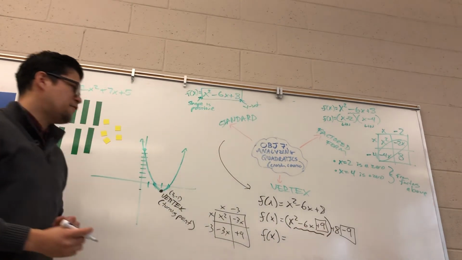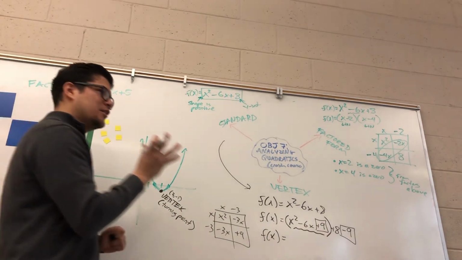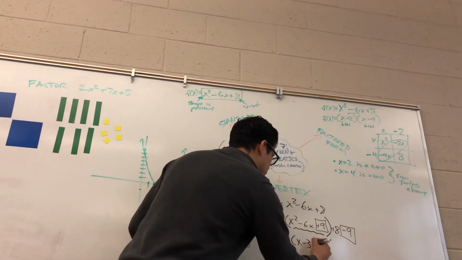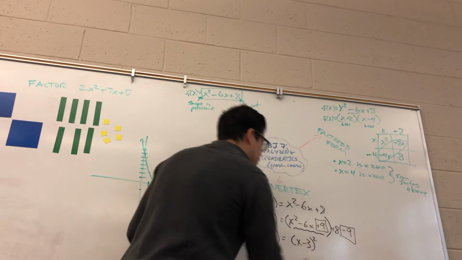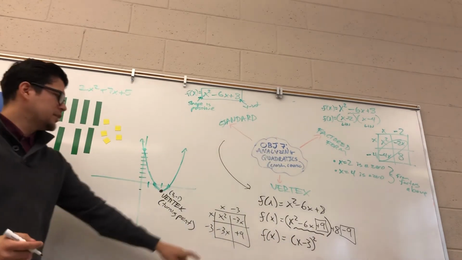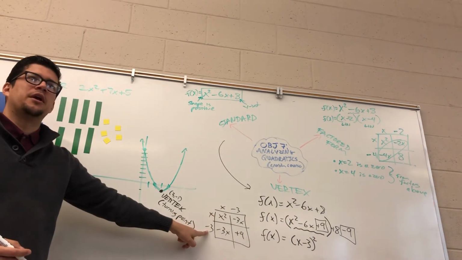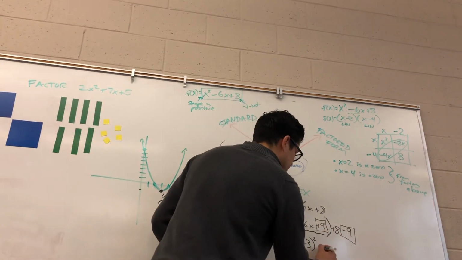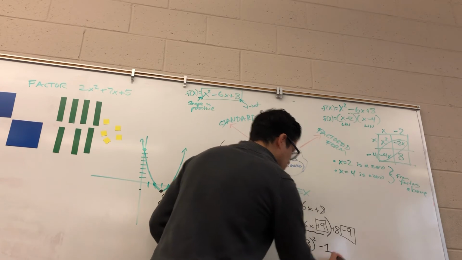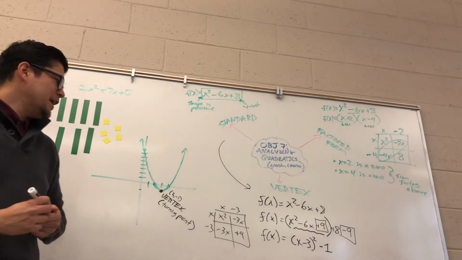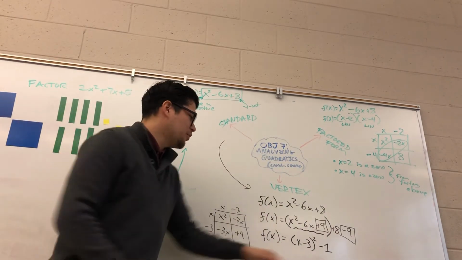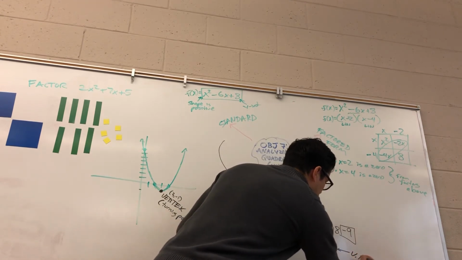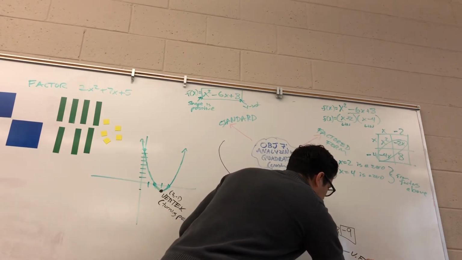So I factored just that initial quadratic to x minus 3 squared. Is it cool? x minus 3 times x minus 3. Okay? 8 minus 9 is -1.